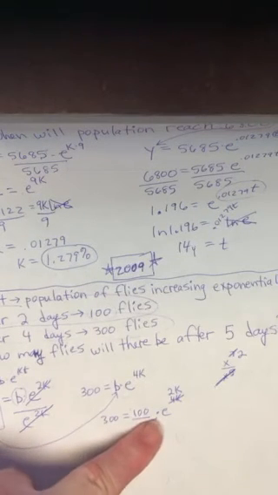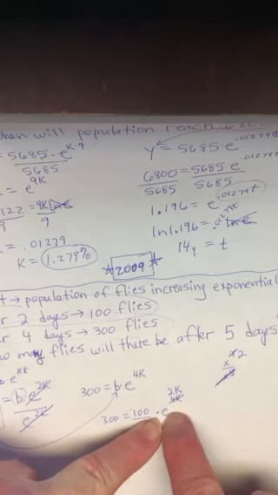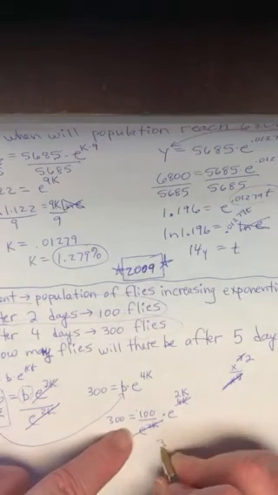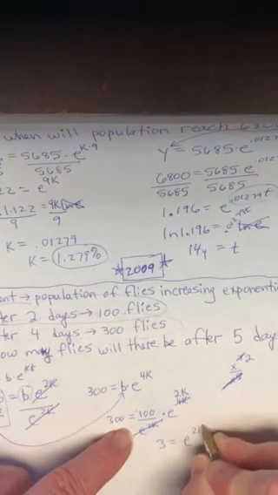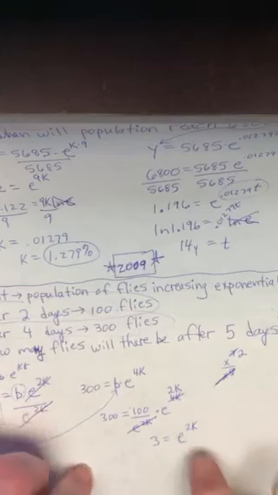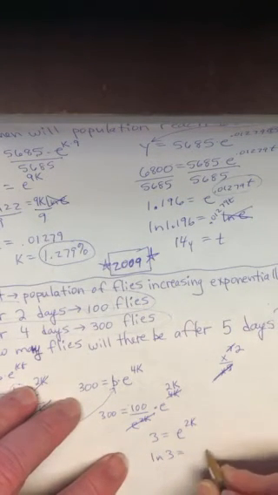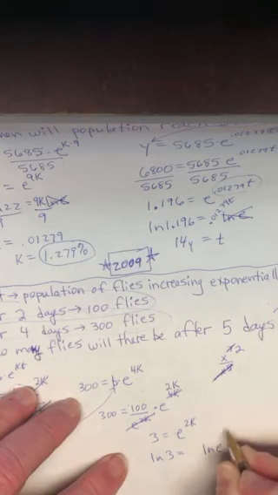So in essence, I have 300 equals 100 times e to the 2k. To get this e by itself, I could divide by the 100, giving me 3 equals e to the 2k. Then I could ln both sides, getting ln of 3 equals ln of e to the 2k.